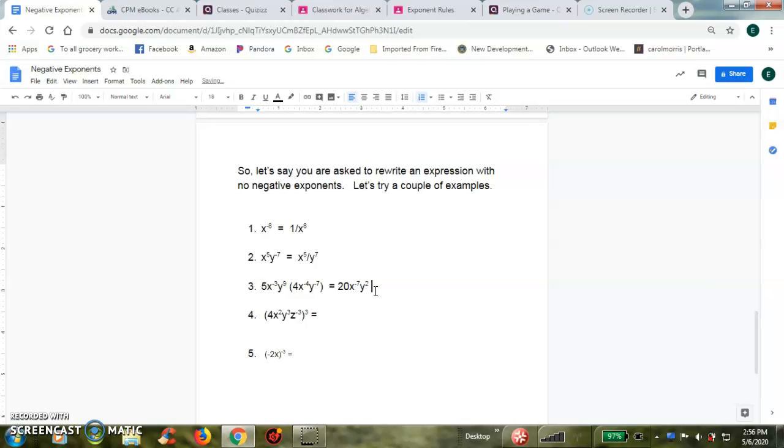But we've got a negative exponent. That's the only one that needs to be dropped to the denominator. This time I'm going to put parentheses around everything in the numerator because it gets a bit confusing and it's not always clear what we should be keeping together. I'm going to put the 20y squared all together in parentheses.